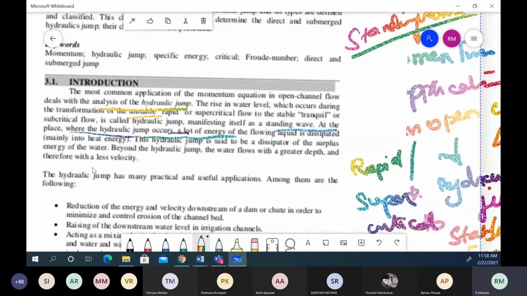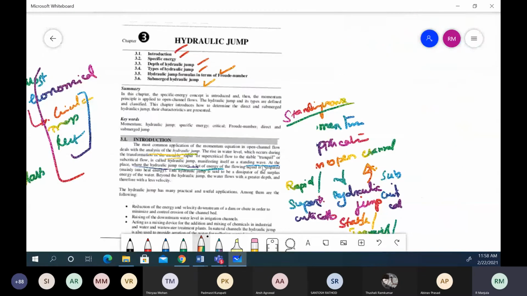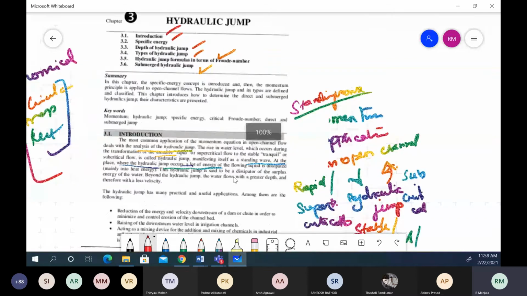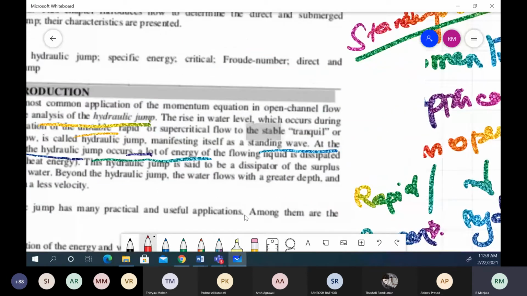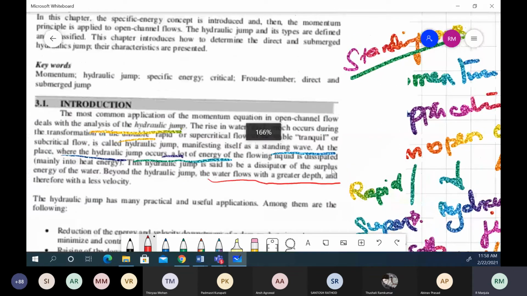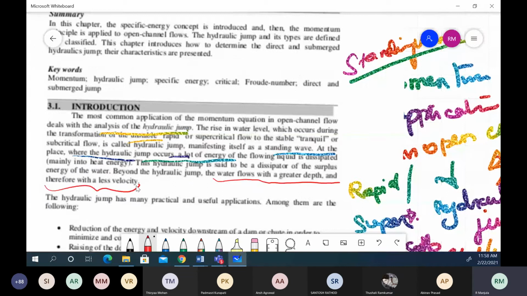And after the hydraulic jump happens, the water flows with a greater depth and with lesser velocity. That is how the flow behaves after the hydraulic jump.